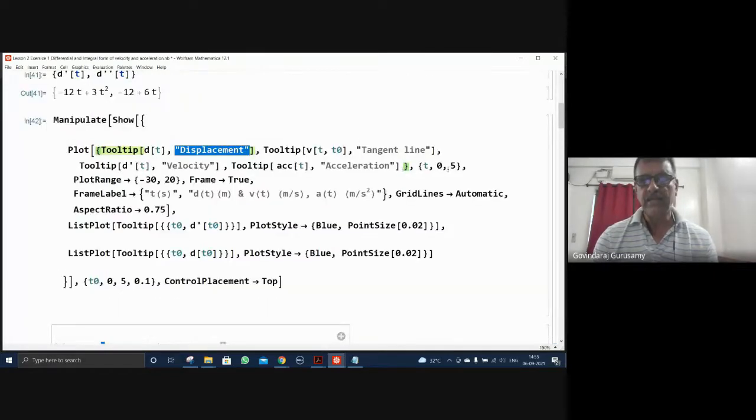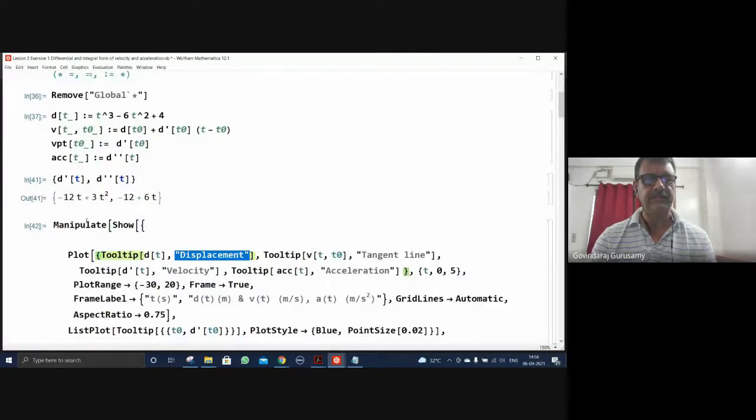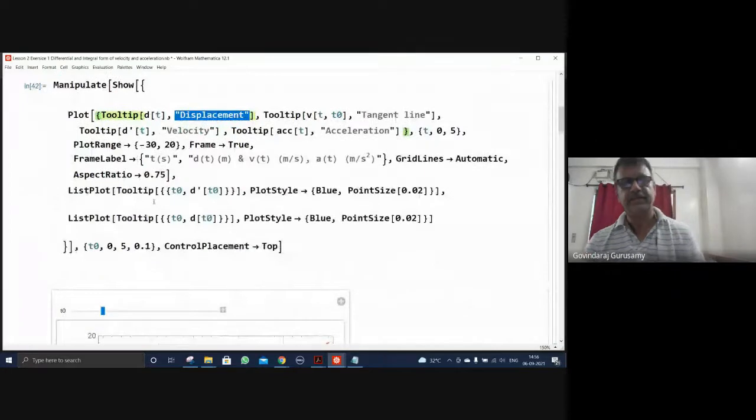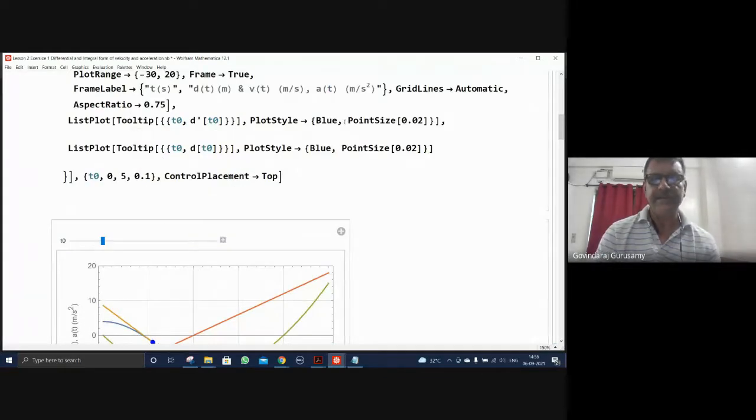The variables, for all of them, are t equal to 0 to 5. In another place I have a t0, which is varying, for creating a list plot for the function which is already defined with the delayed equals. So you can see the fantastic advantages of this. It can be comfortably generated, and one can look into it. Now in the list plot, you can look at the points.